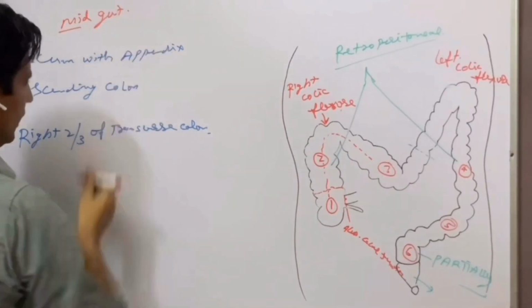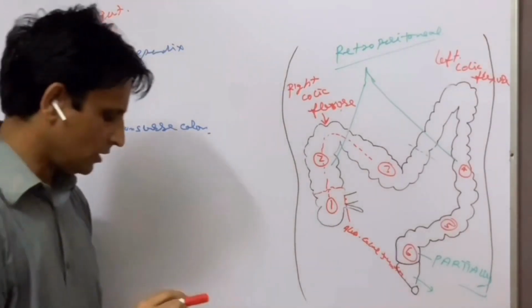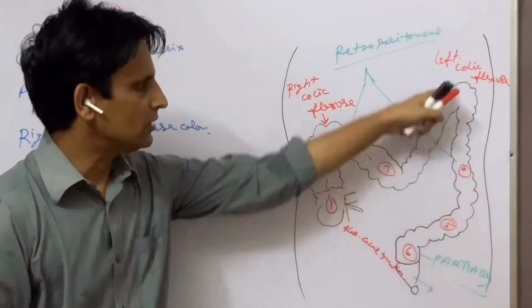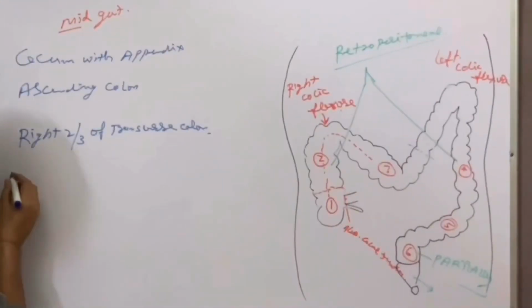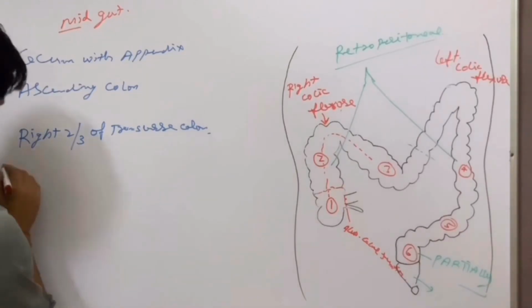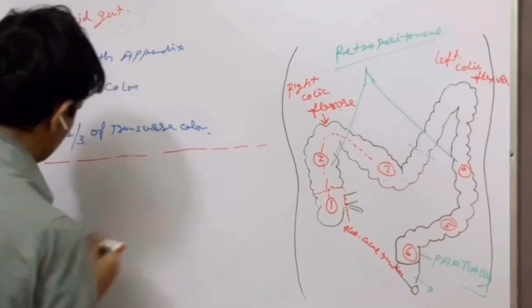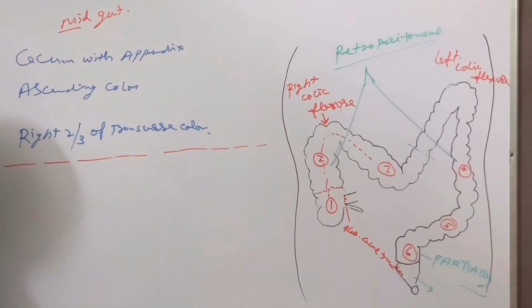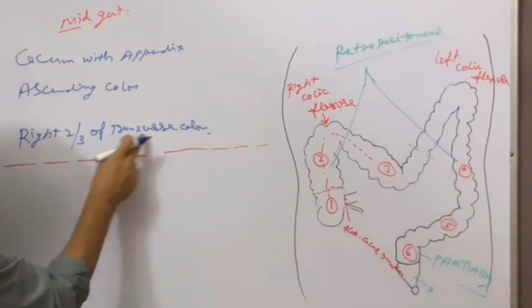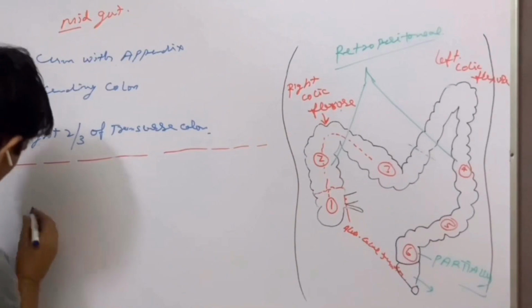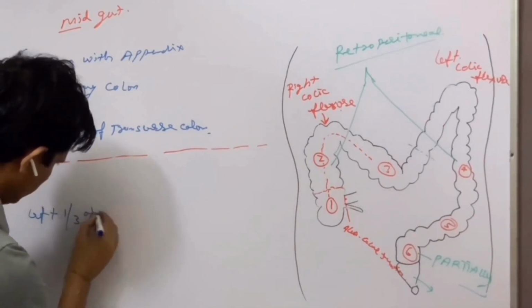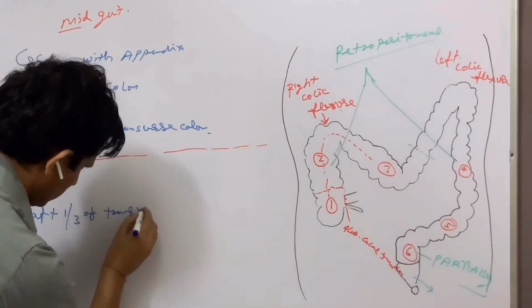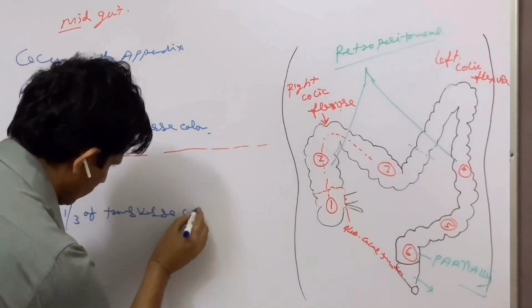And what are the remaining portions? Let me separate these two. The right two-third of the transverse colon is here, and number one of the remaining is the left one-third of the transverse colon.